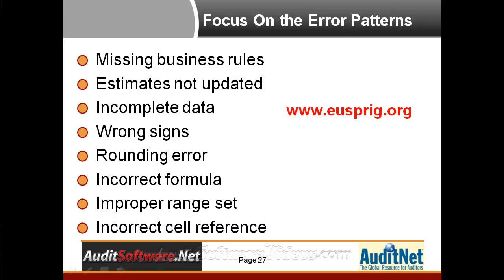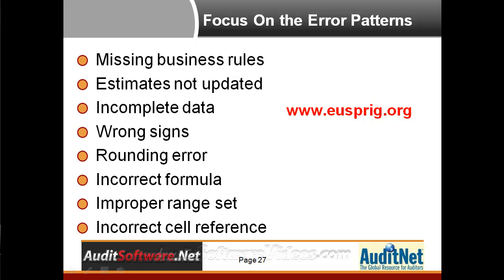Here are some of the error patterns. It could be missing business rules itself. So you had a business process, you thought one thing, and something else happened in the actual business process and therefore the spreadsheet. You may not update estimates in the spreadsheet. There could be incomplete data, or possibly a wrong sign, where the data should have been a positive and you put a negative, or you forget to put the negative in there.